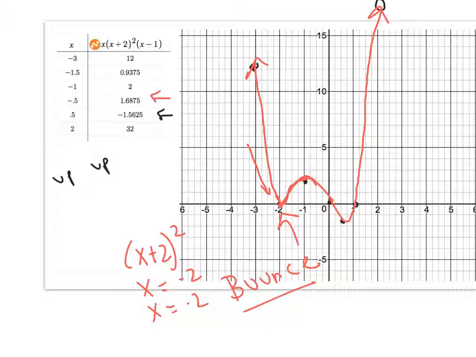So this particular graph here, my zeros were x equals 0, x equals negative 2, and we say that that has a multiplicity of 2. And then x equals 1 was my other 0. And so this is my fourth degree equation.